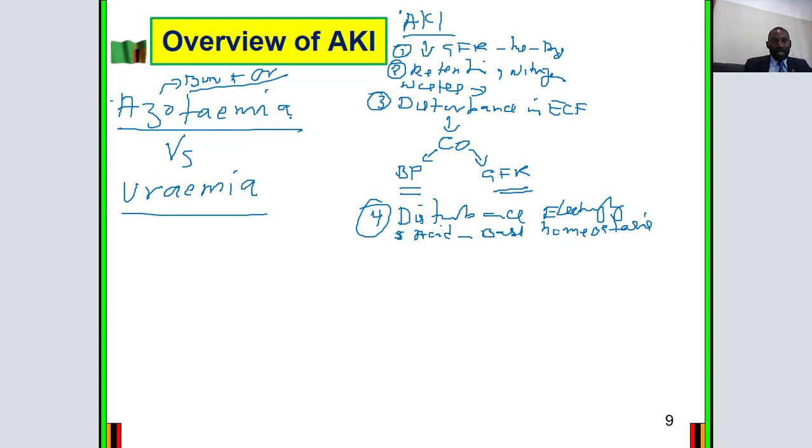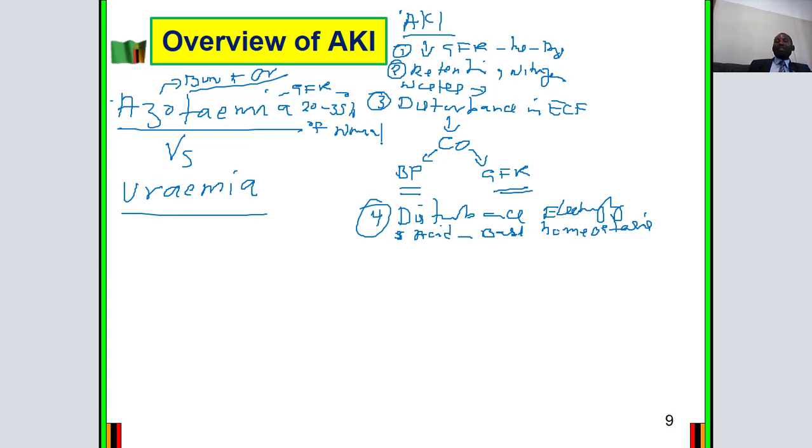And the other thing that you're going to see is that the glomerular filtration rate is 20 to 35% of normal. So it's operating at 20 to 35% of the normal glomerular filtration rate. And that is called what? Azotemia.